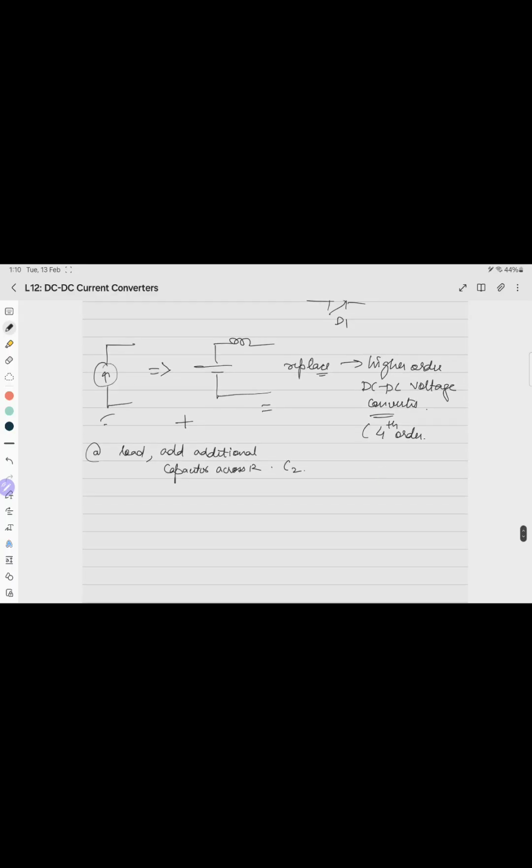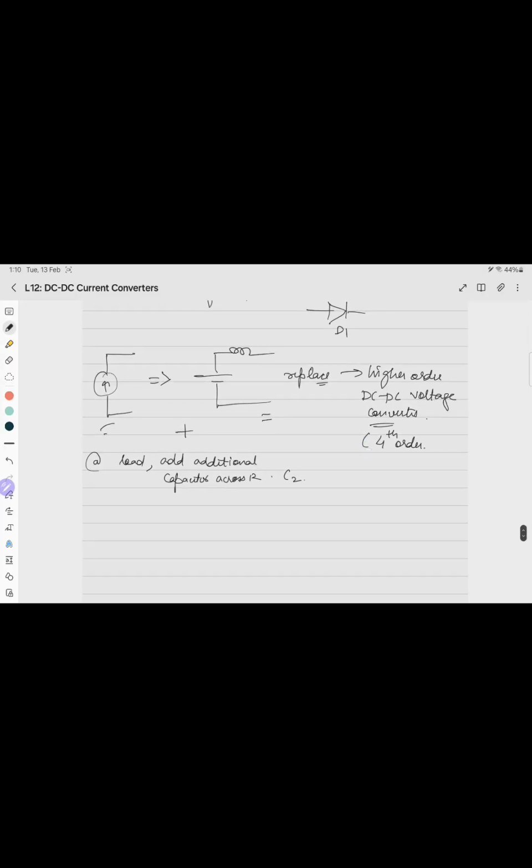So replace a current source with a voltage source in series with inductance, and in parallel of R, add another capacitance C2.